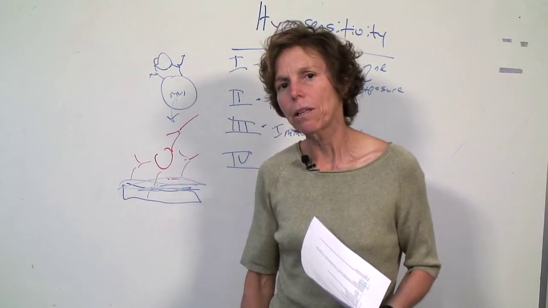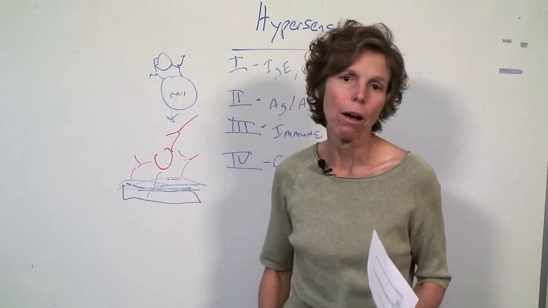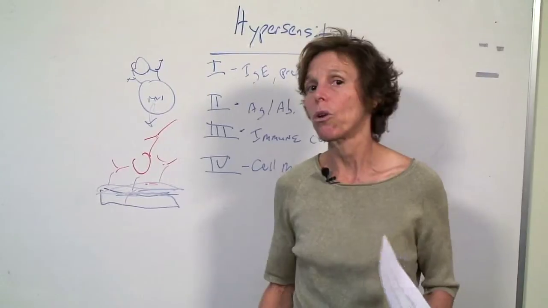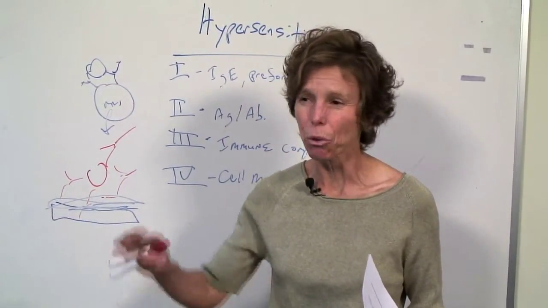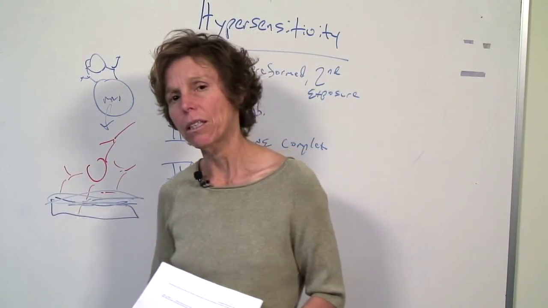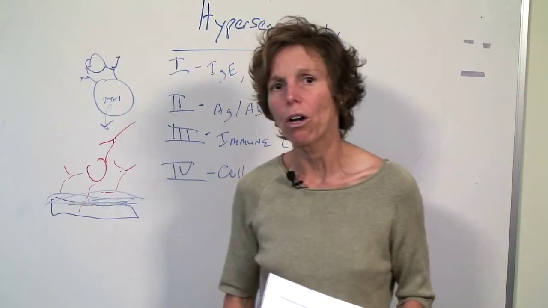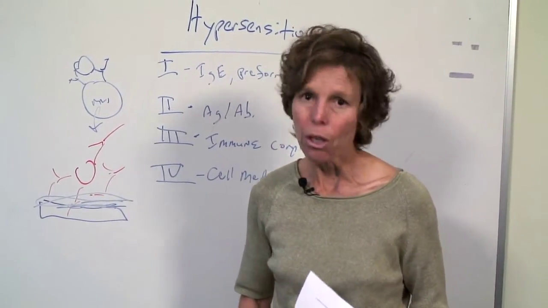So diseases typically associated with type 3 hypersensitivity. We talked about vasculitis. Also, SLE is another disease. And some diseases can have shades of type 3 hypersensitivity, shades of type 2 hypersensitivity as well. So it's immune complex. It deposits in vascular endothelium.